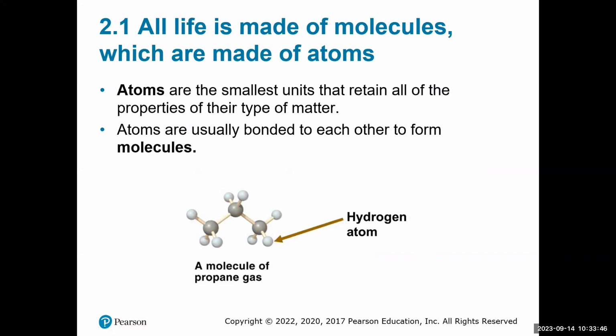Now, all life is made up of molecules, and molecules are made up of atoms. Atoms are the smallest units that retain the properties of their type of matter. An atom is the smallest unit that we can identify as a specific element. Atoms are really, really small. Then we start to put atoms together, and when we do that, we end up with molecules.